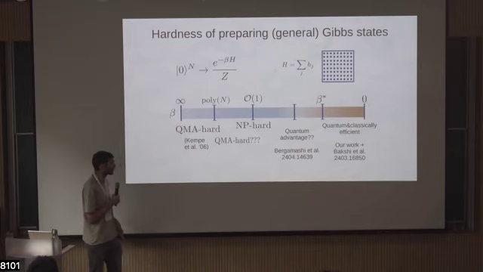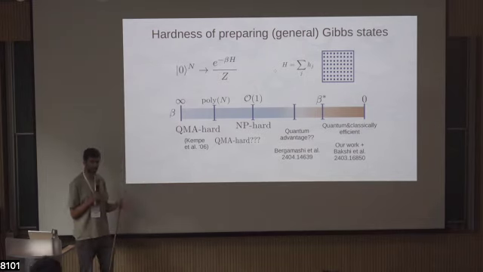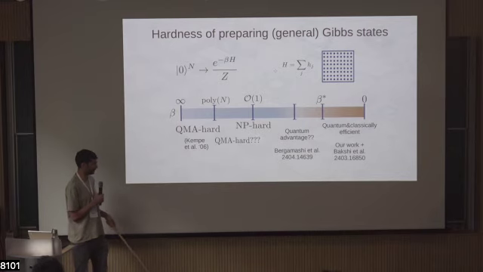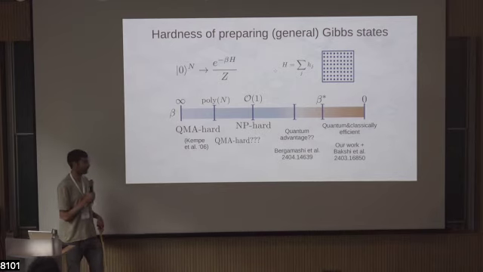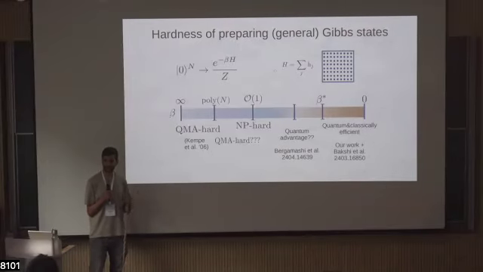There are also some nice works showing that sampling from Gibbs states at constant temperature is something that seems to give some sort of a quantum advantage. Well, I forgot to mention another work by James Watson here. Quantum advantage in what sense? In the same sense of IQP circuits, so random sampling.